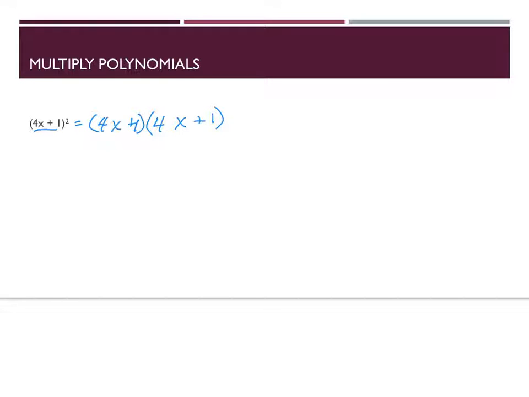Now I could do that any of the ways that I just showed you before. If I want to, I could take 4x times 4x plus 1 plus 1 times 4x plus 1.